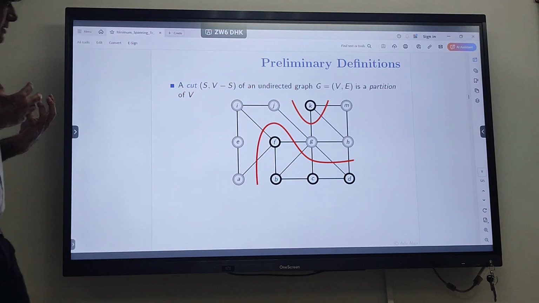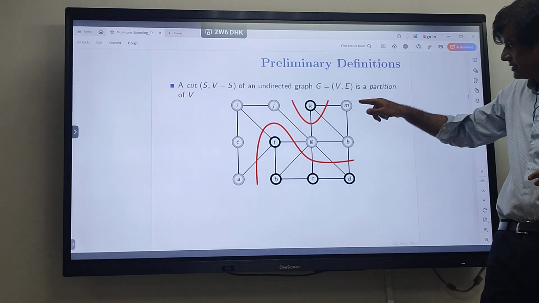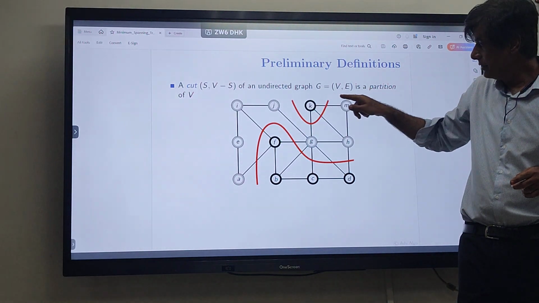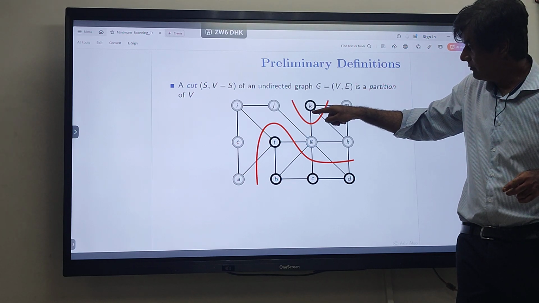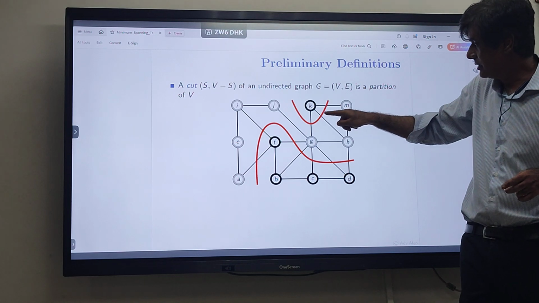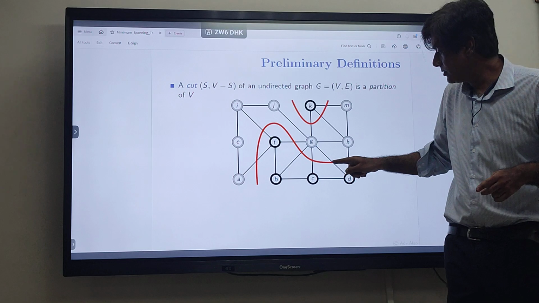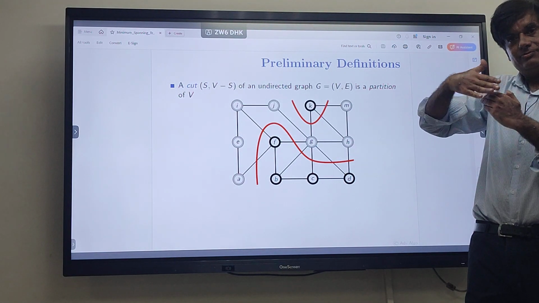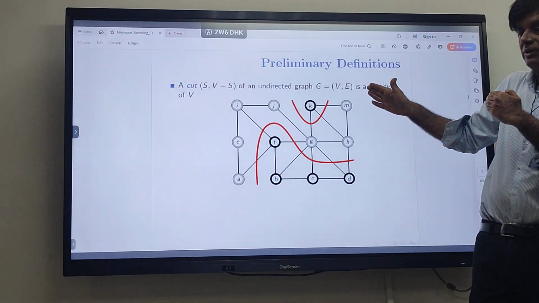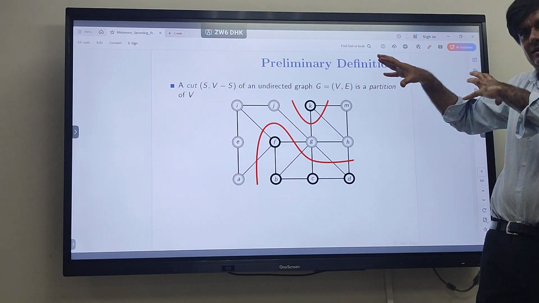What is the boundary? The boundary is all those edges that connect a gray vertex with a black vertex. Okay? So over here we have a gray vertex, black vertex, gray vertex, black vertex, gray vertex. So if you look, the boundary passes through where the black and gray meet. So this is what I meant by partition.